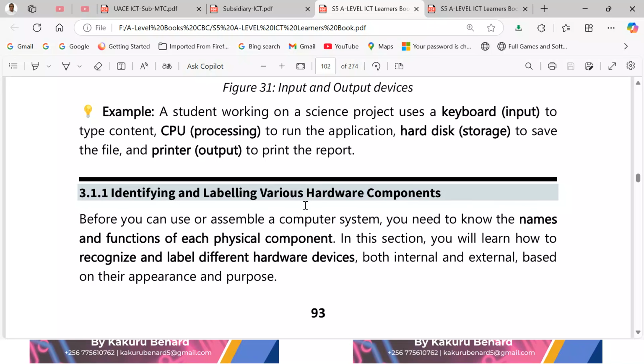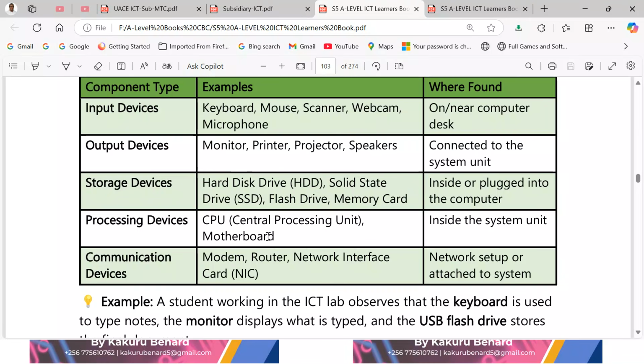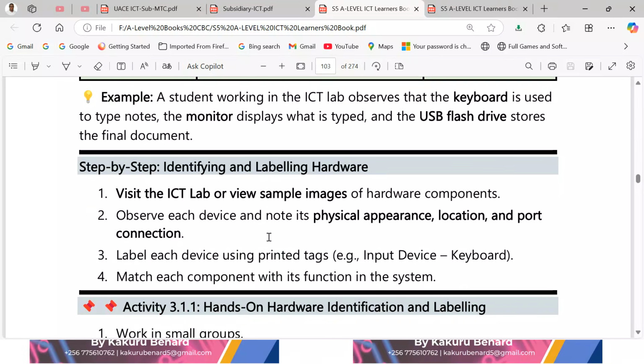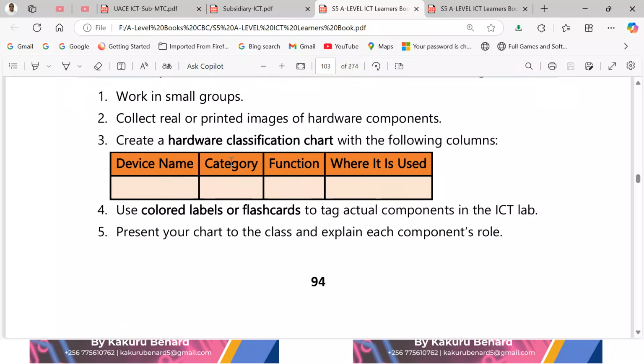Identifying and labeling various hardware components. Then from there, we bring input, output, then storage, communication devices. Then from there, we have an activity, hands-on hardware identification and labeling.